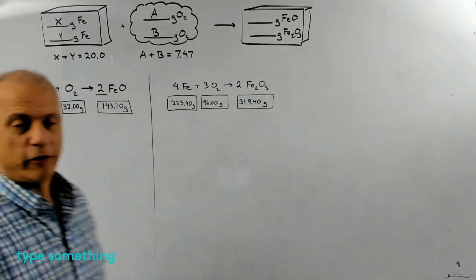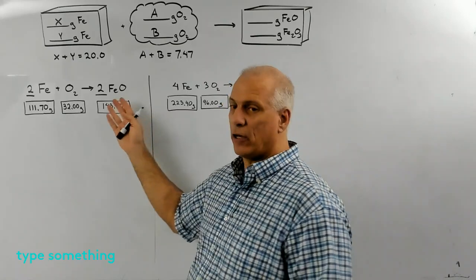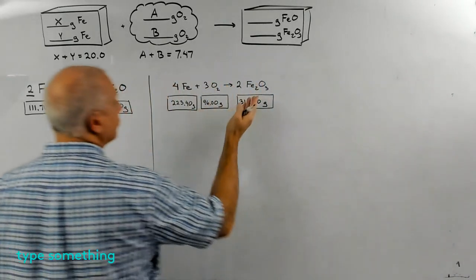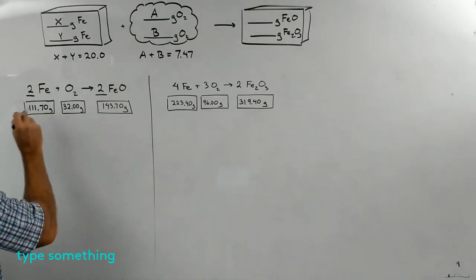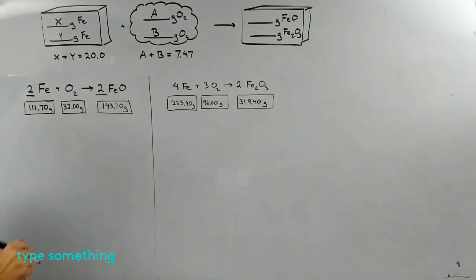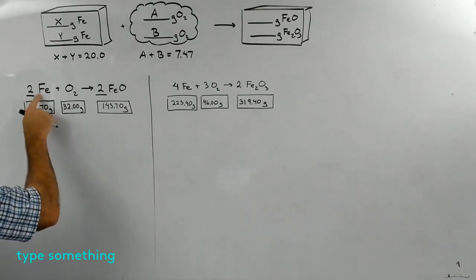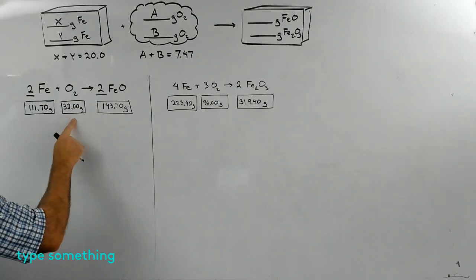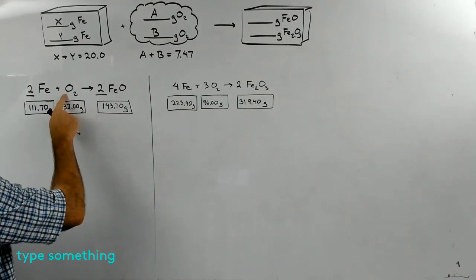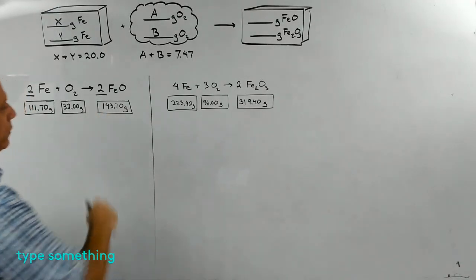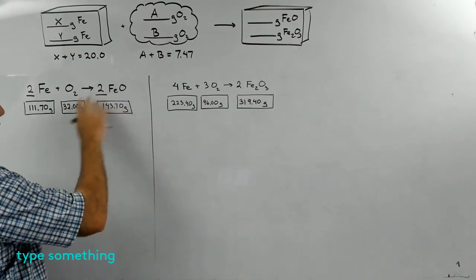Now, the two reactions that are occurring: one reaction produces FeO and the other reaction produces Fe2O3. And I put over here the recipe in terms of grams, so to speak. 111.7 grams of Fe, that's 2 moles of iron, will react with 32 grams of oxygen gas, that's 1 mole of O2, to produce 143.7 grams of FeO, and that's the molar mass there.